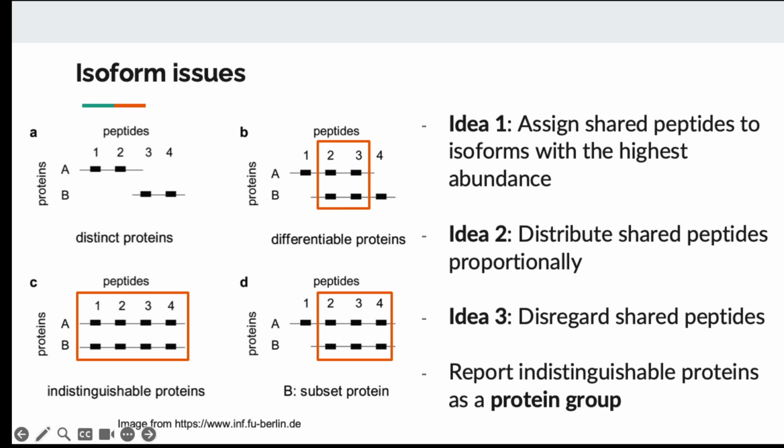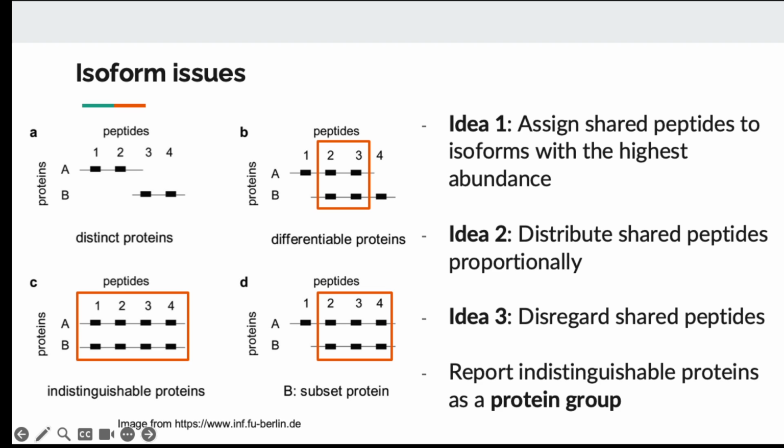So for example, some people suggest that we can assign the peptides that are shared between isoforms to the one with the highest abundance. It's like a winner takes all. So you assign everything to the most abundant isoform and let it win, which is weird. The second idea is to distribute the shared peptide proportionally.